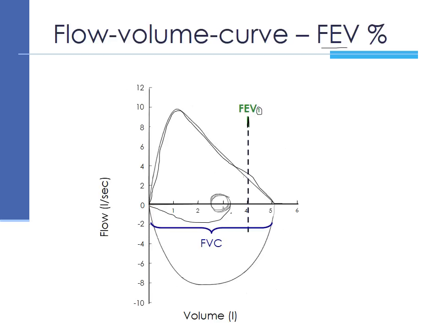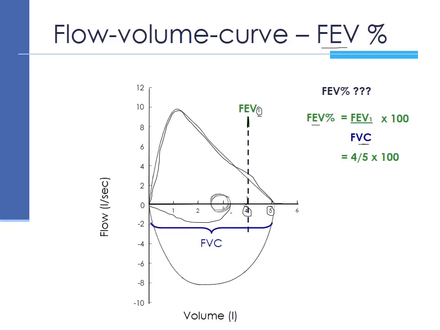So of the total of 5 liters of air, a total of 4 liters was exhaled during 1 second of exhalation. In order to determine the FEV percentage, we use this equation. FEV percentage is equal to the FEV1, so the volume of air that was exhaled after 1 second, divided by the total volume of air, multiplied by 100.